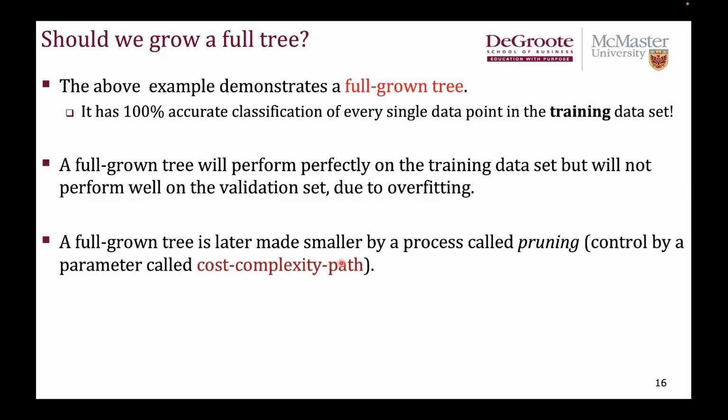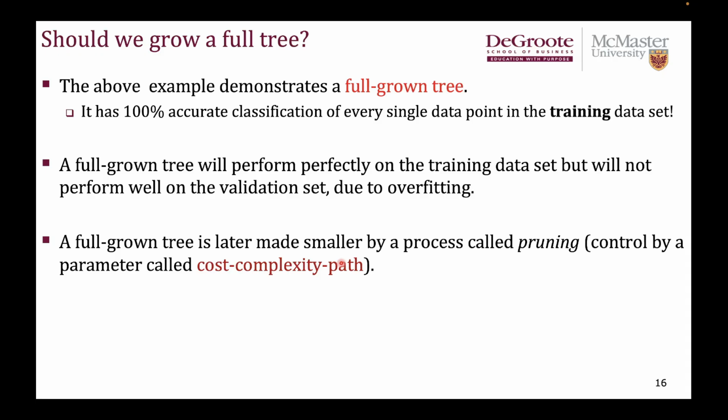Let's say every leaf node should not have less than 10 data points. If the splitting would result in a leaf node that contains fewer than 10 data points, I will not consider that split at all, right?